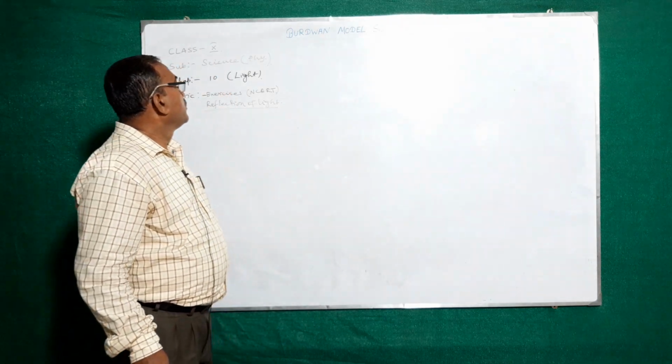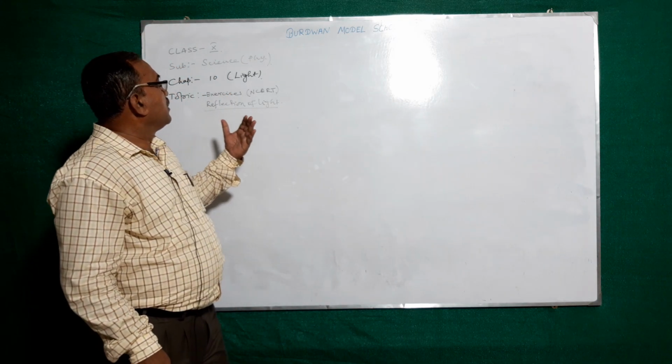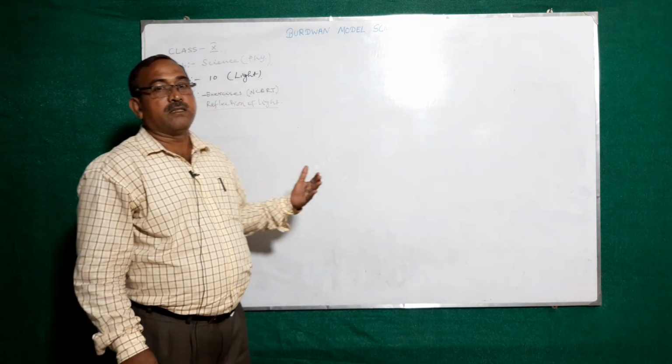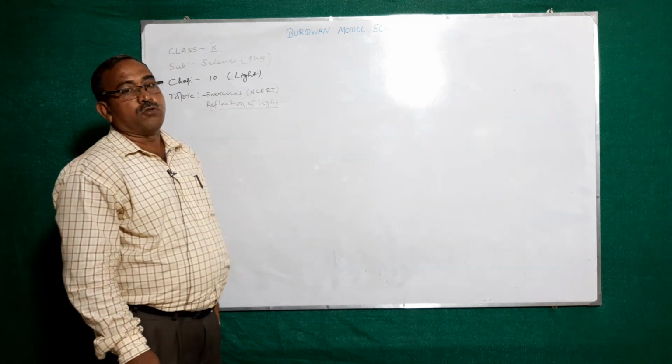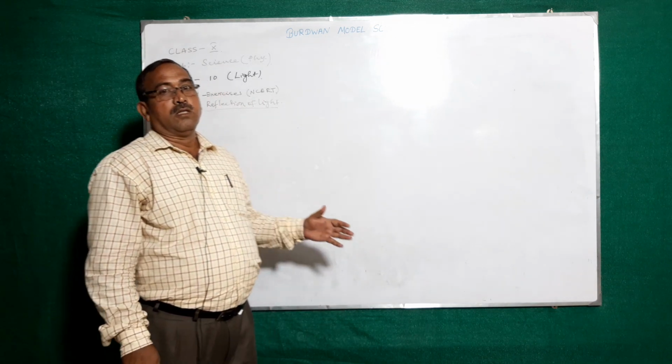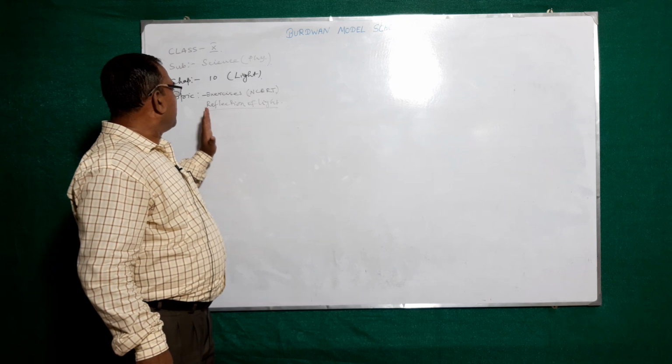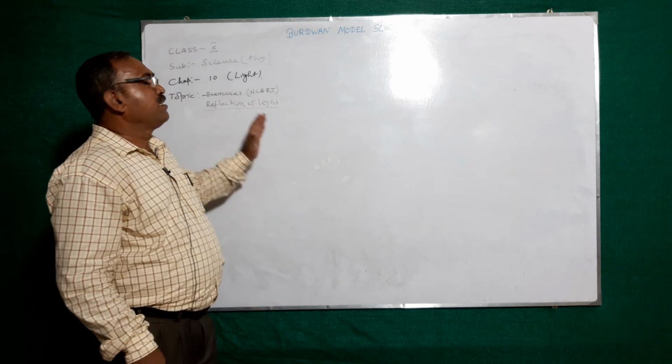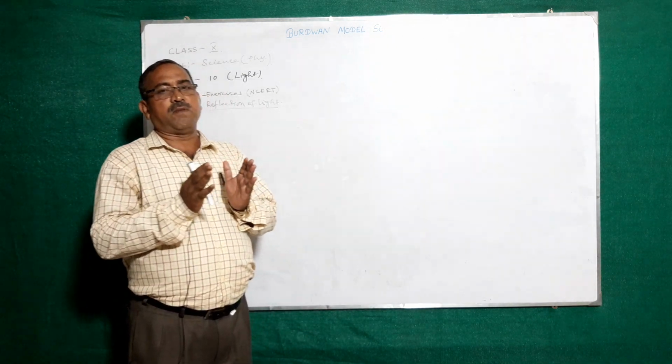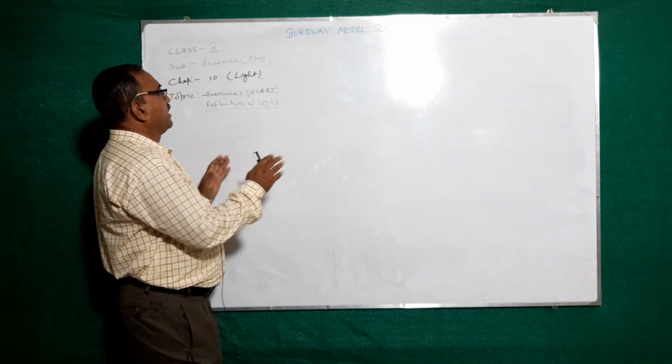Now, we try to complete the numerical part from your NCERT book. And the sub part of this chapter is the reflection of light by the spherical mirror. Clear?